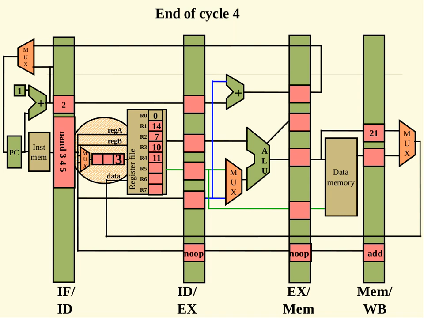So an add after an add, you can still forward there. An add right after the load from memory, the memory access takes this cycle while the add executes. You can't pull it from memory in the future, so you have to wait one cycle on a load word when an instruction right afterward needs it. That's the only time you're going to have to stall. So make sure you test for that as well.